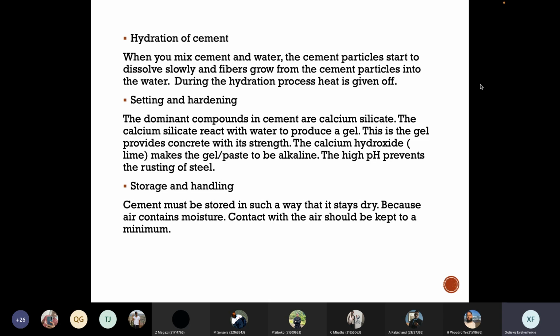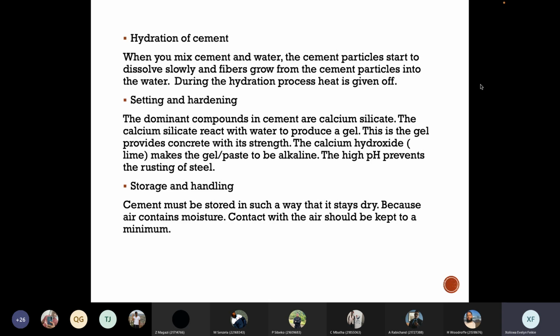In your book, they have a diagram to show you what they mean by those fibers growing from the cement particles into water. The diagram is on page 104, right? So they show you that this is the hydration of cement. This is how it works.